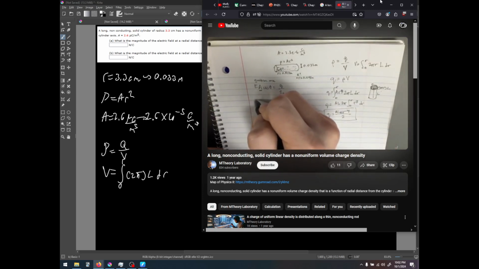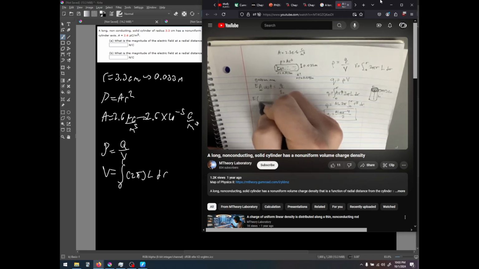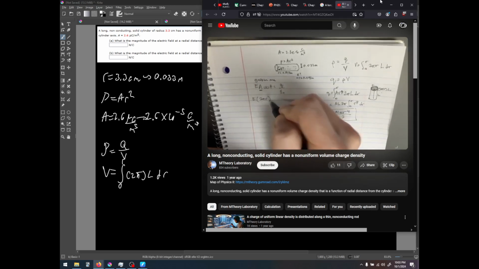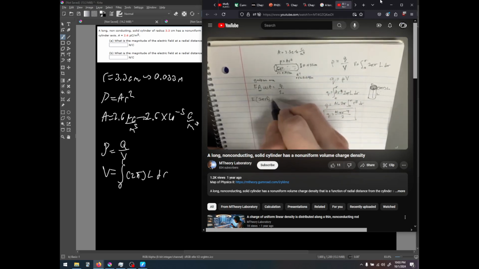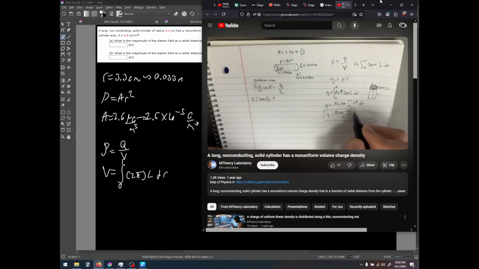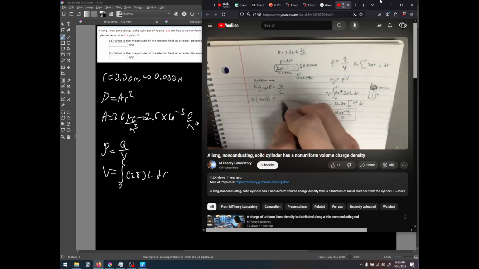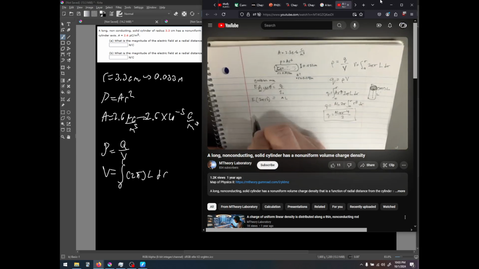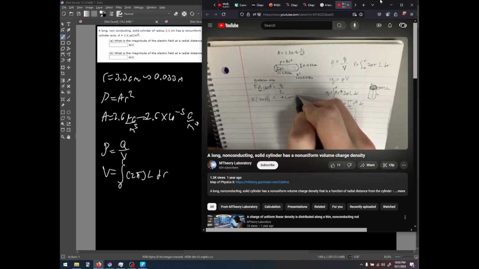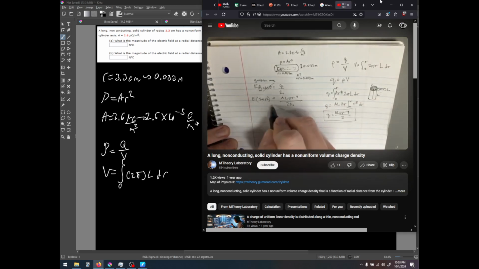Times 2 pi r. The area equals A, L, r to the 4 divided by 2r. And this will be that side.